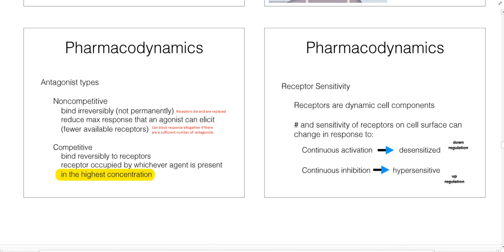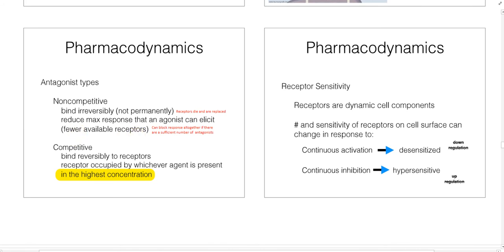But while that receptor is there, nothing else can compete with that receptor site. That chemical, that drug that we gave them that is non-competitive, is not going to allow anything else on there. And so we can either reduce the number of receptors that are available, or we can block all receptors altogether.